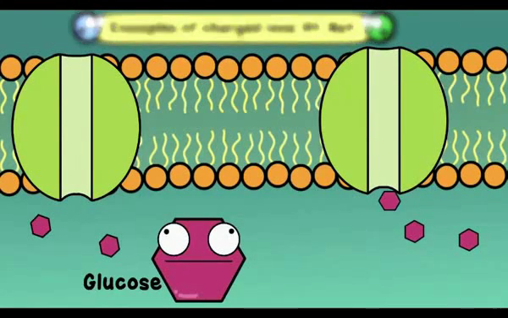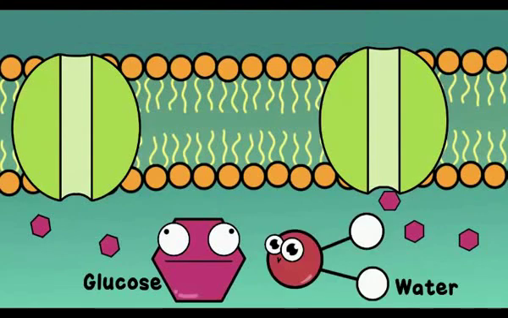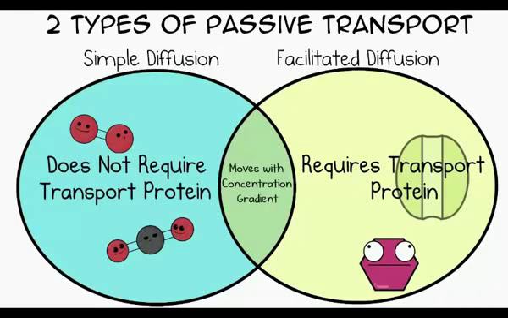Glucose needs the help of a transport protein to pass through. In osmosis, for water to travel at a fast rate across the membrane, it passes through protein channels called aquaporins. So these are all examples of facilitated diffusion, which is a type of passive transport and moves with the concentration gradient of high to low concentration.